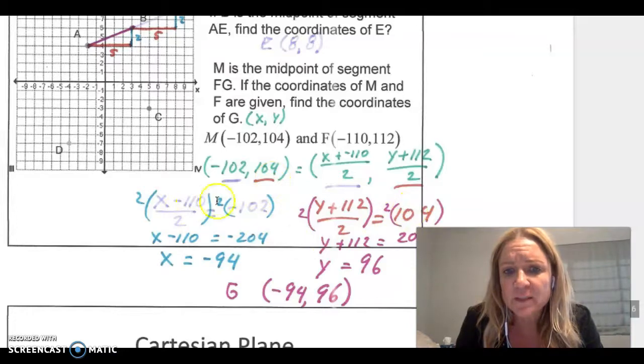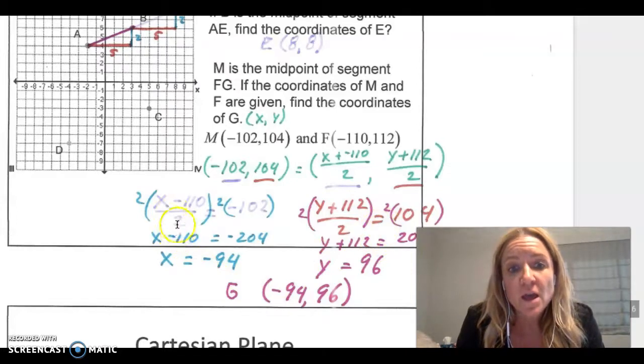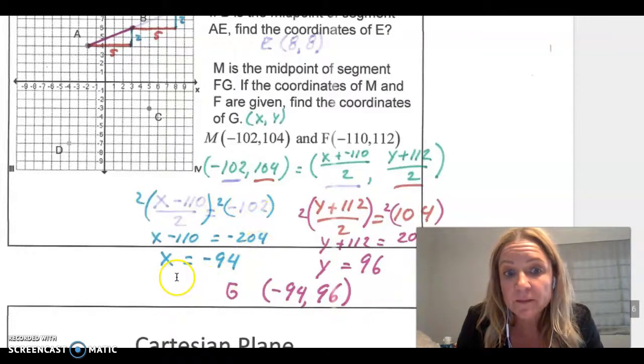So we're going to separate this to find our x and our y separately. So if we have x minus 110 over 2 equals -102, multiply both sides by 2, those cancel right there, and we have x minus 110. Multiply 2 times -102, we get -204.